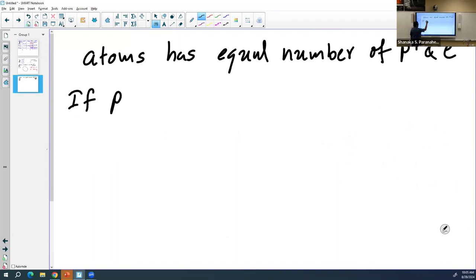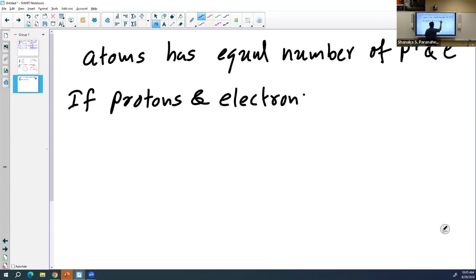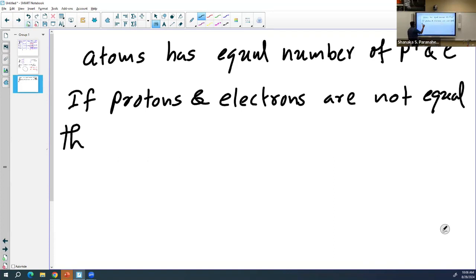If protons and electrons are not equal, they are called ions.